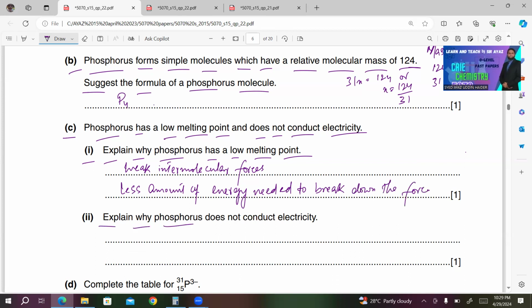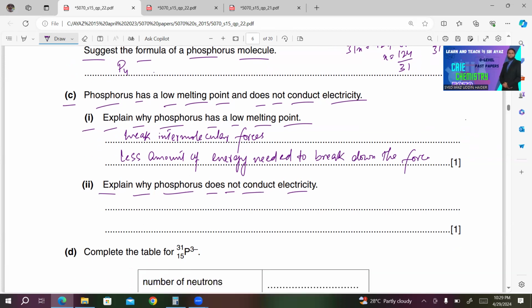Explain why phosphorus does not conduct electricity. Conduction of electricity is related to the presence of mobile or free electrons. So you write phosphorus does not contain free or mobile electrons.